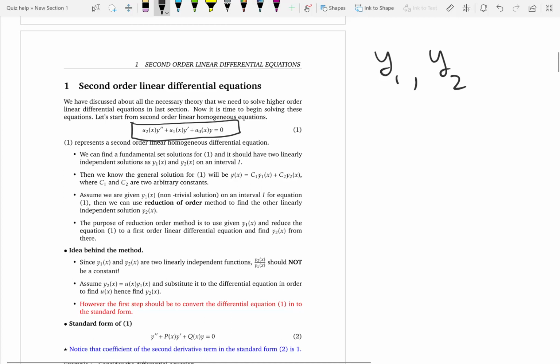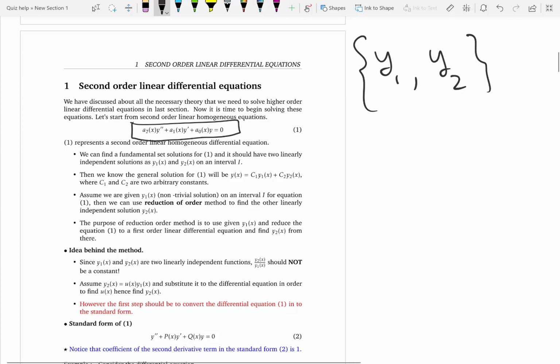Now what is the key thing about y1 and y2? This is a set of functions. y1 and y2 are linearly independent. The simplest way to explain this is that y2 is not a constant multiple of y1. That means y2 is not c times y1, or y1 is not c times y2. So they are two independent functions.